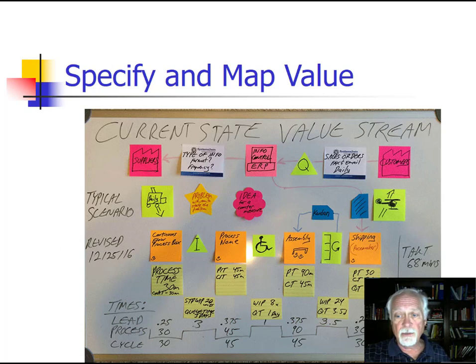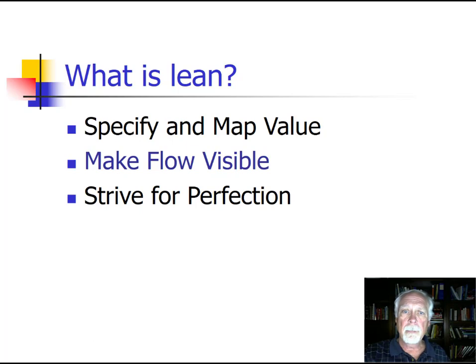This is often done, as we show here, with a process map using sticky notes, and then we supplement this by identifying which processes add value and which ones do not, and associating actual process times, measured process times, lead times, process times, cycle times to the map, and we can very quickly come up with meaningful improvements with a map like this.